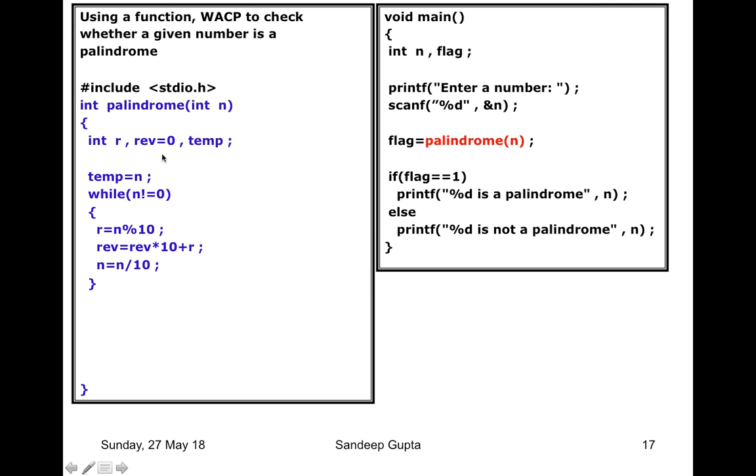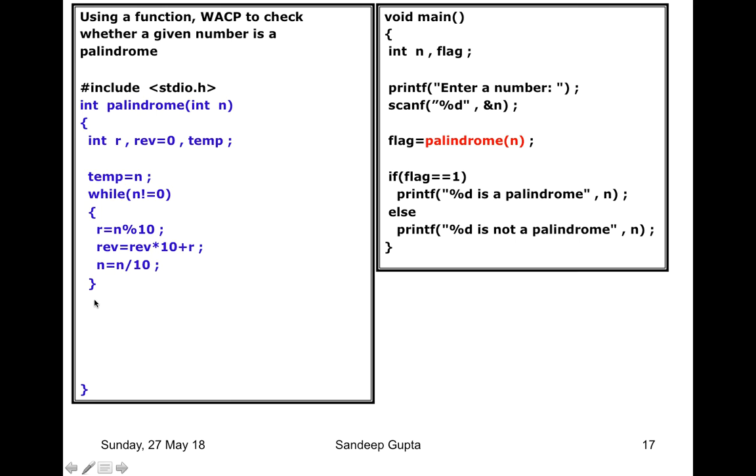So in this logic, the variable reverse is initially 0 and there is a temporary variable. We give the original n to this temporary variable, and then this while loop will find the reverse. When the while loop ends, the reverse is stored in variable reverse. And I hope you remember why we are using the temporary variable. We are using the temporary variable because when the while loop ends, n, the original n, is equal to 0.